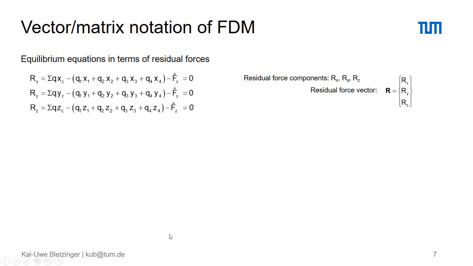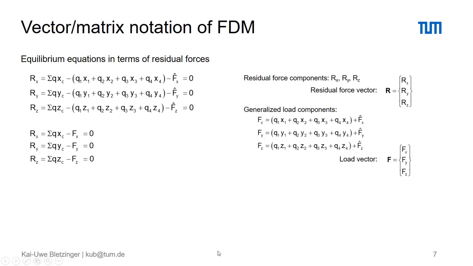Let's introduce more definitions. We can put together everything here which is not a function of these coordinates as what we call the components of the generalized load vector. You see it here on the right hand side. So in this case these are the components of the load vector, and here we again collect those components in a vector.